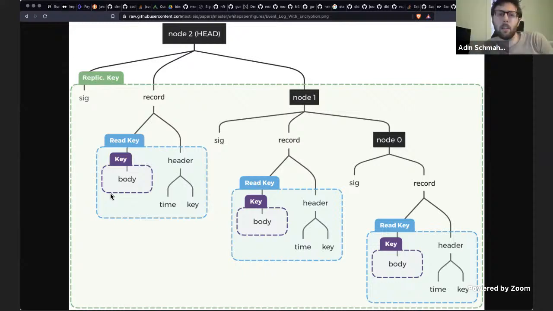So in the buckets world, does the replicator see the keys so that they can replicate that data? They see the replicator key and the read key, because they have to be able to actually track the state.